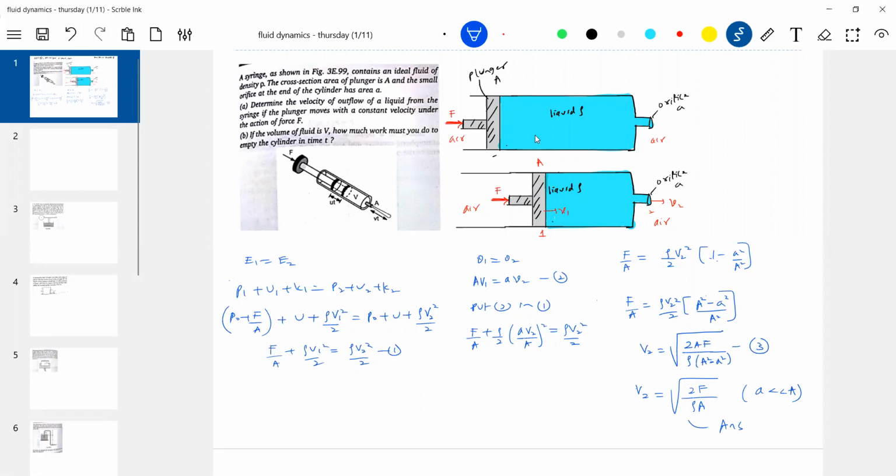Okay, come to the second part. It's asking: the volume of fluid is V. How much work must you do to empty the cylinder in time T?